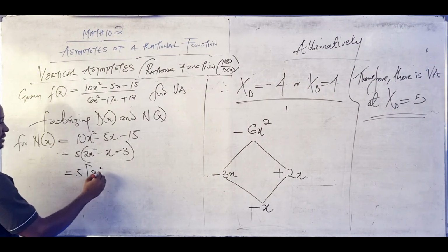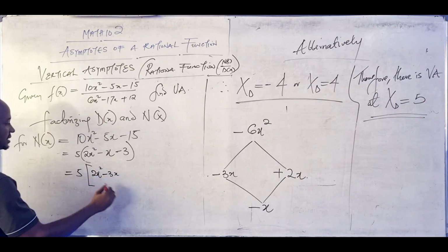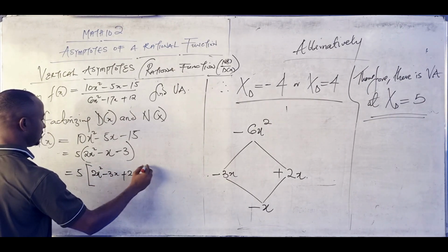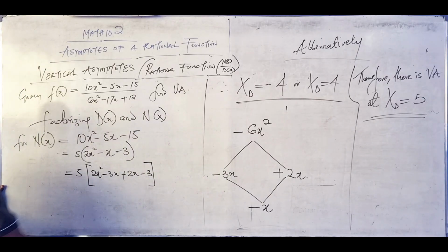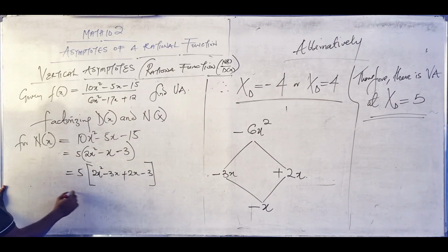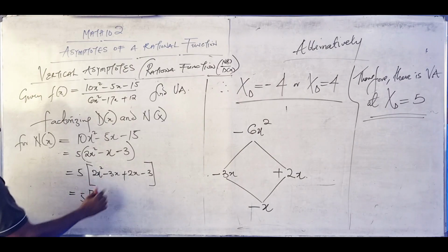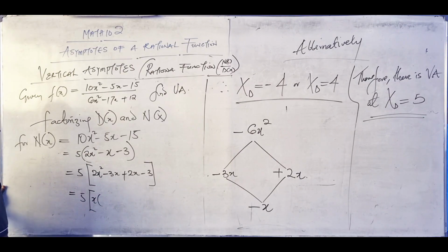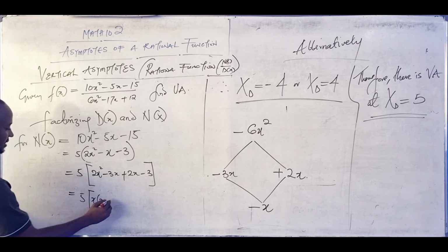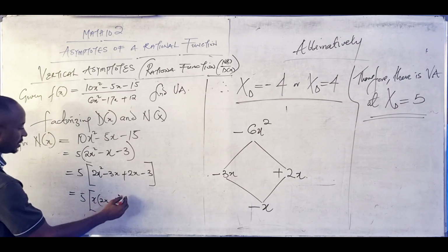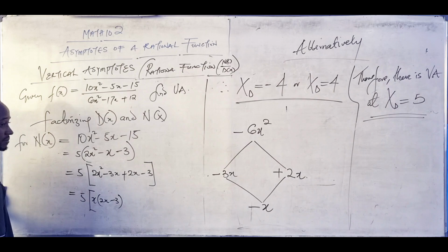2x squared minus 3x plus 2x minus 3. Okay, let's finish up. So we have 5 in bracket. What is common between these two? x. So x times 2x minus 3. Between these other two, what is common? Plus 1.